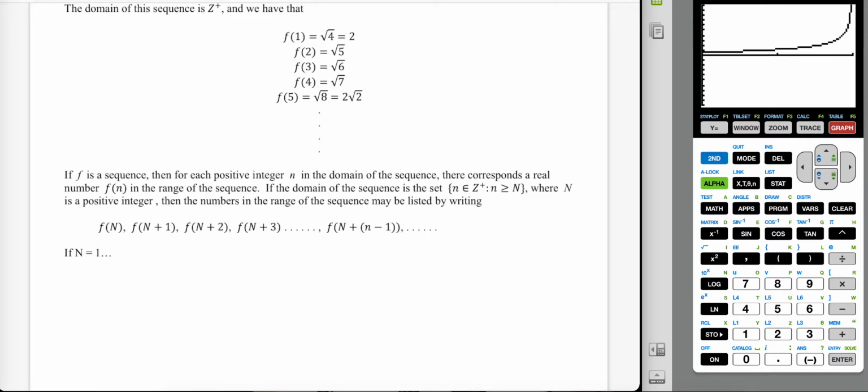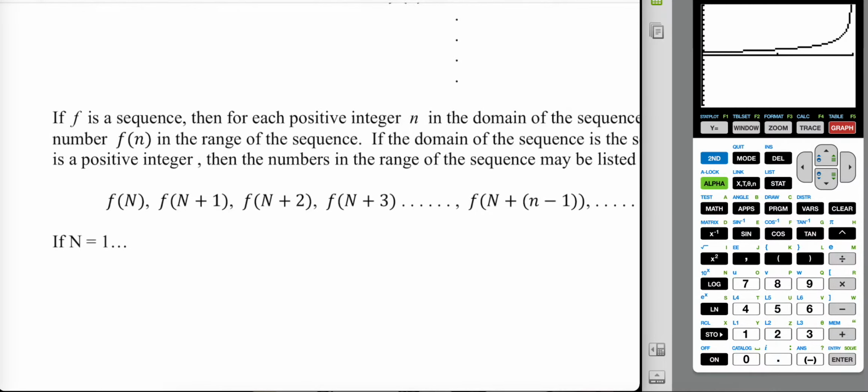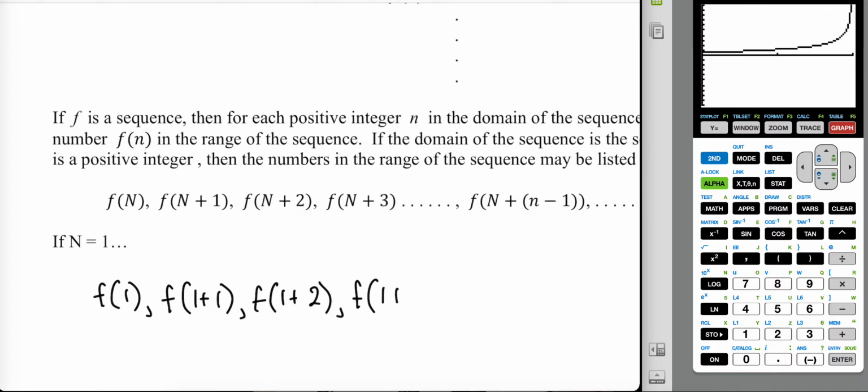So at the bottom here, we have this general relation where it says f of capital N, f of capital N plus 1, and so on. If n is equal to 1, then our first entry would be f of 1. Our second entry would be f of 1 plus 1, f of 1 plus 2, f of 1 plus 3, and so on, all the way up to f of 1 plus n minus 1.